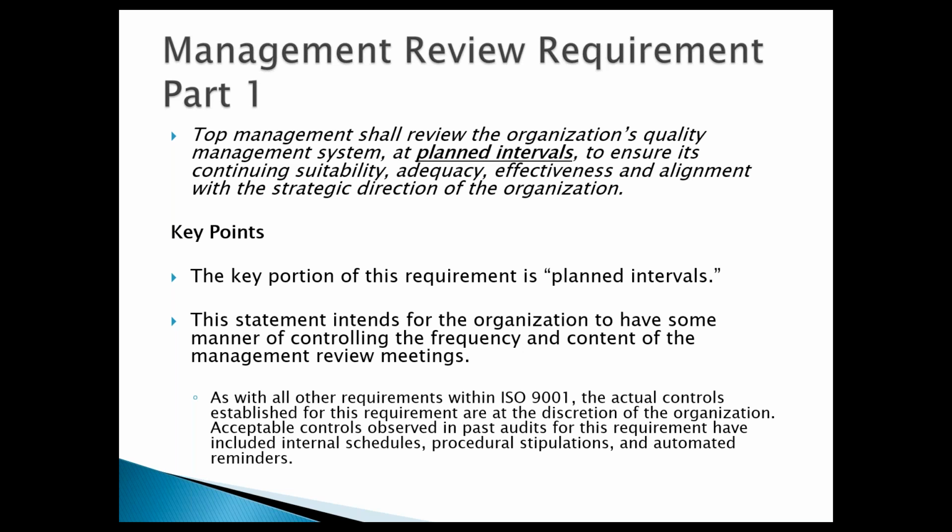Now, this could be a number of things. You could have an internal schedule, you could have a procedure for this, you could have automated reminders, but you need to be prepared to demonstrate to your auditor how you have met this requirement of planned intervals, how this has been achieved.